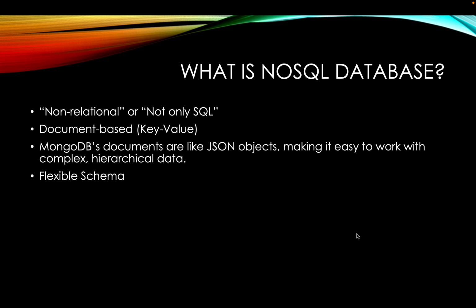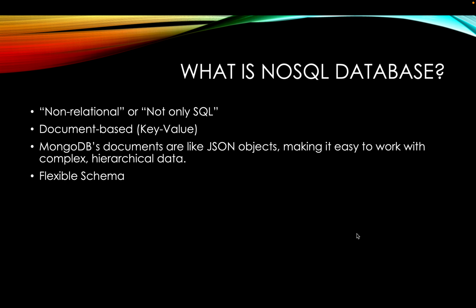A JSON object can have keys that you don't use in other documents or records, or you can have nested structures. So it's very easy to work with complex and hierarchical data, and it has a flexible schema. You can use different schemas, different key values, in different records.